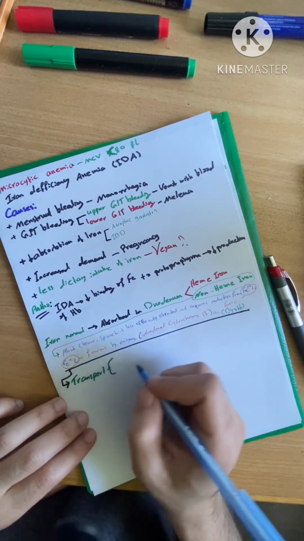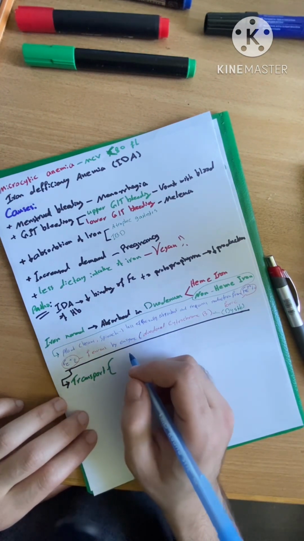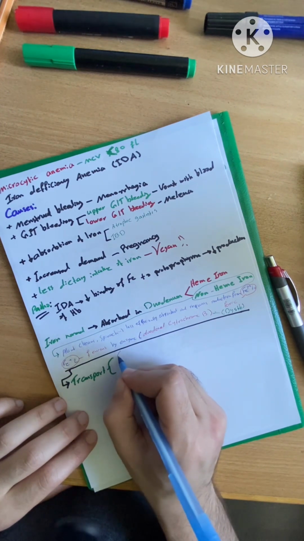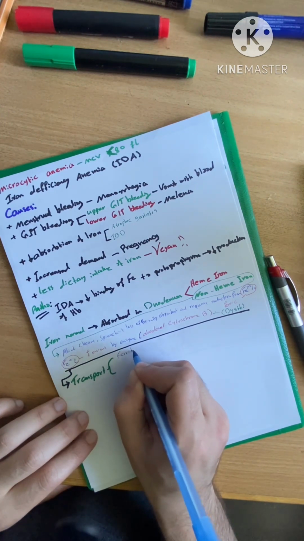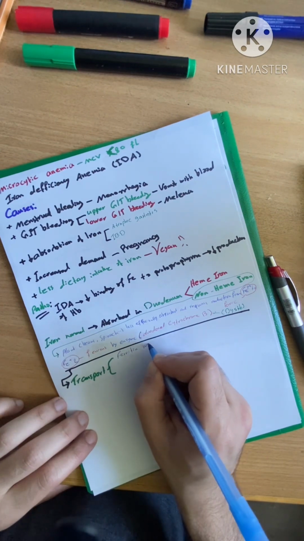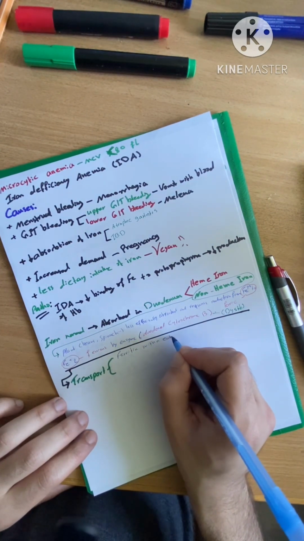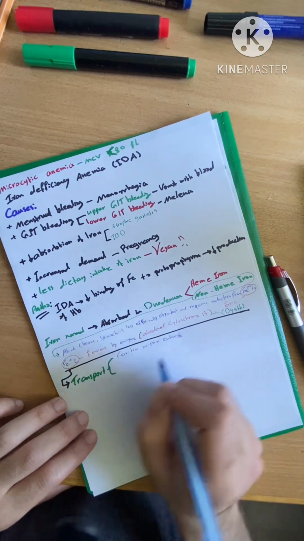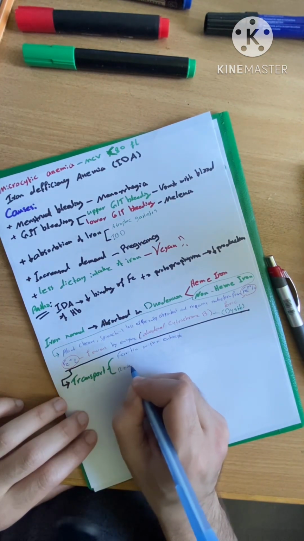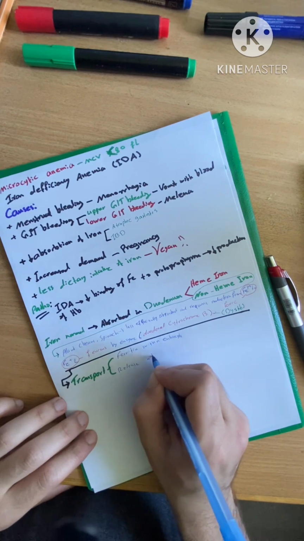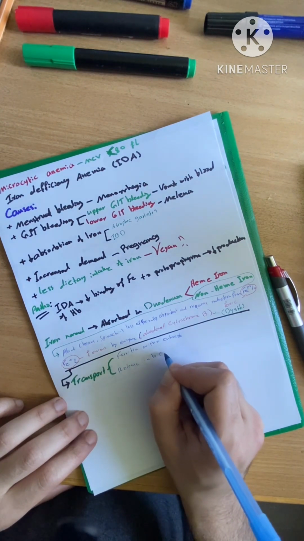Iron will be transported and it can be stored as ferritin within enterocytes, or released into circulation.